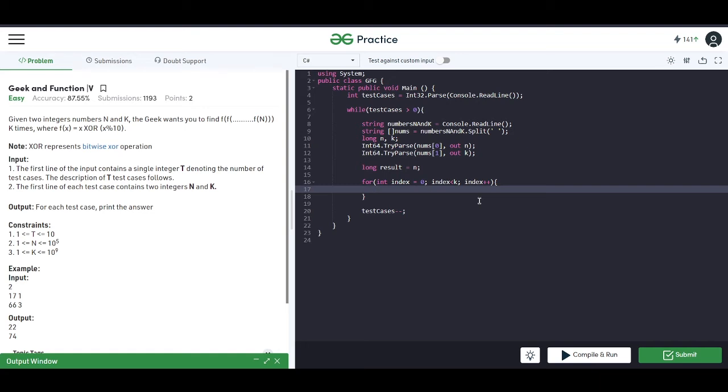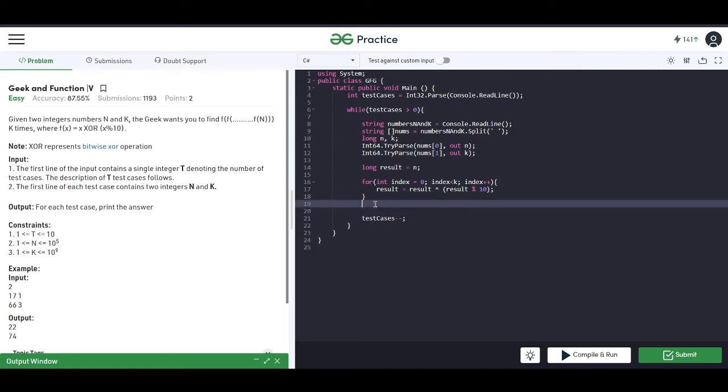So what we will do is result equals result XOR result mod 10. Bitwise XOR in C# is denoted by this caret.